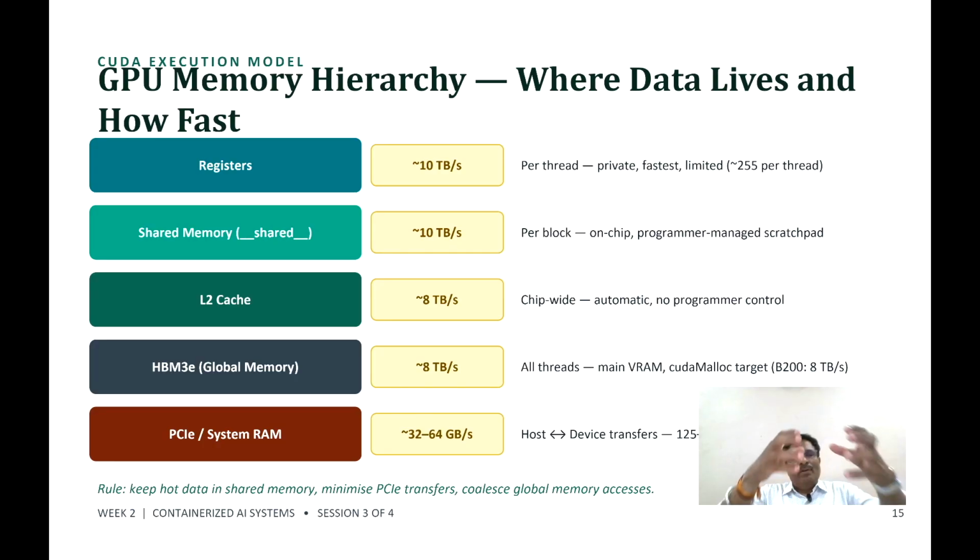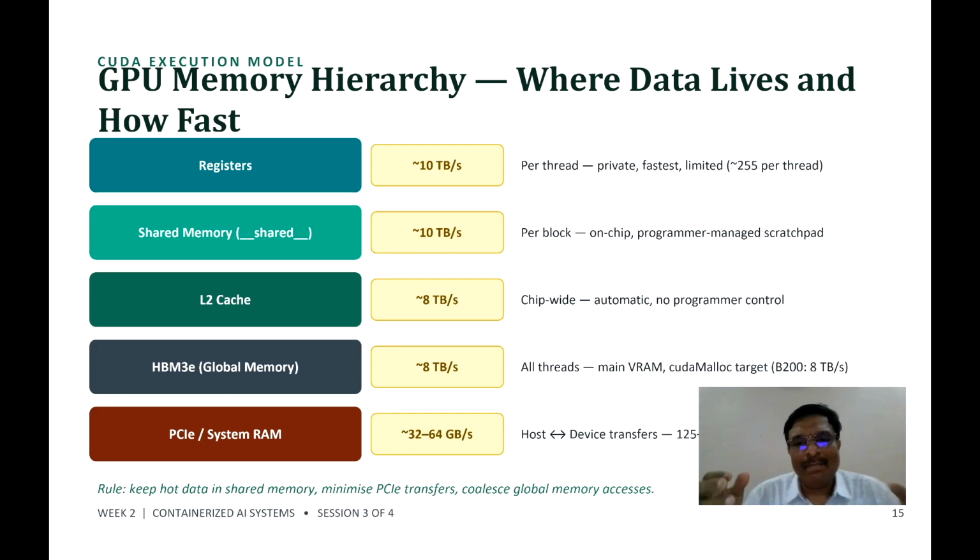We also have to think about the PCI Express bus, which connects the CPU to the GPU, or the host to the device. That is the communication medium which transfers the data from the host to the device.